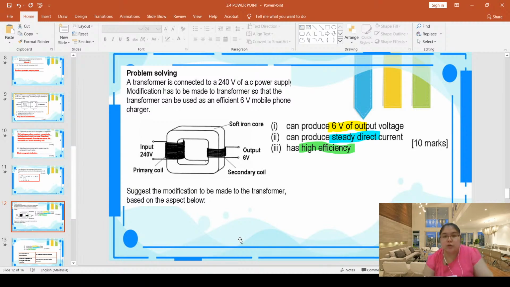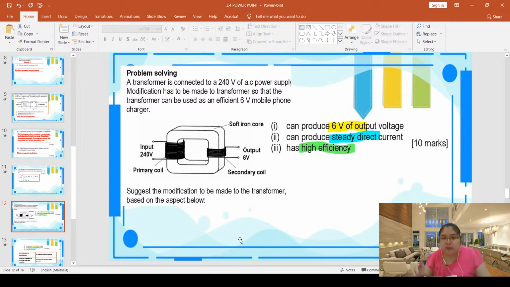Later you use the step down transformer, because I want to reduce the voltage. Number 2, steady direct current. How to produce it? This one is supposed to be not in this topic. That should be in chapter 4, so later I will explain how we convert AC to DC.